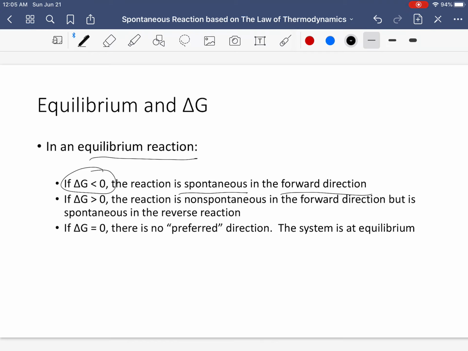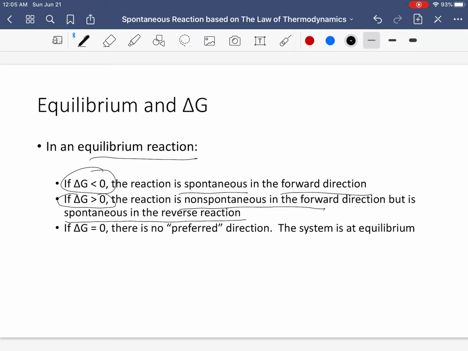If delta G is a positive number, the reaction is non-spontaneous. However, it is spontaneous if you're looking at the reverse reaction. If you were to go to the left side, the reaction will be spontaneous.